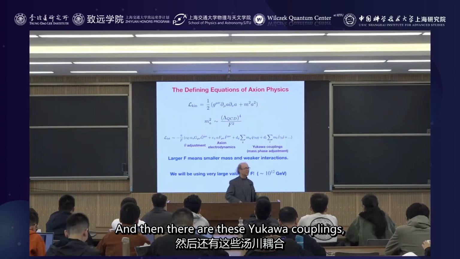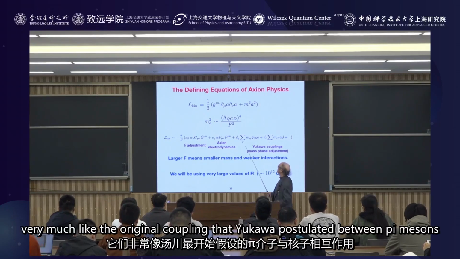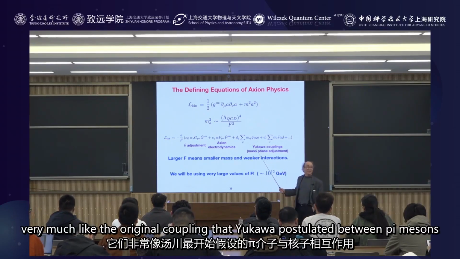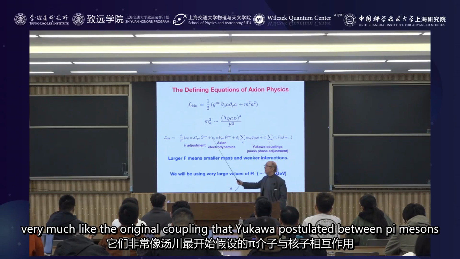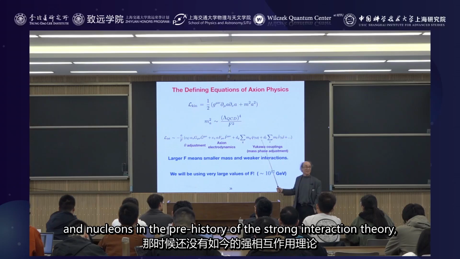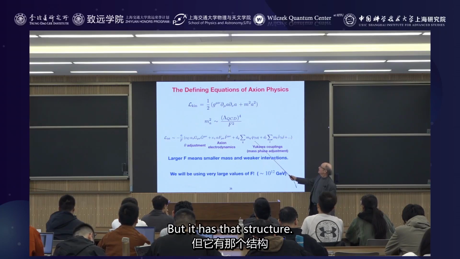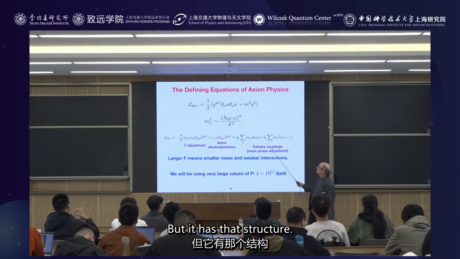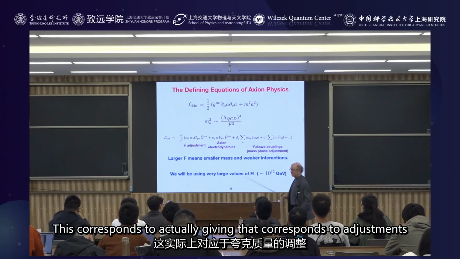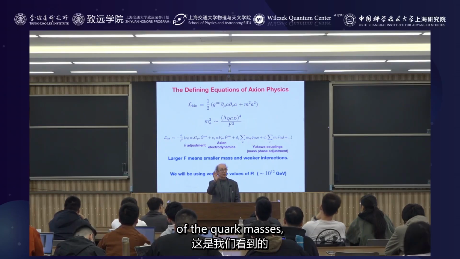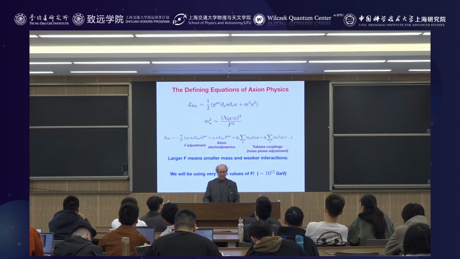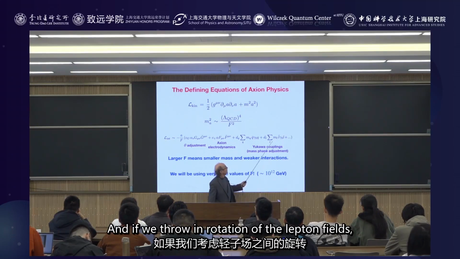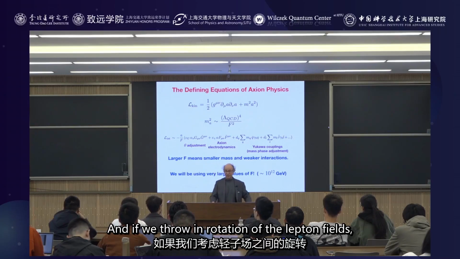And then there are these Yukawa couplings, very much like the original coupling that Yukawa postulated between pi mesons and nucleons in the prehistory of the strong interaction theory, if you like. But it has that structure. And this corresponds to adjustments of the quark masses, which we saw. And if we throw in rotations of the lepton fields, we also get that.